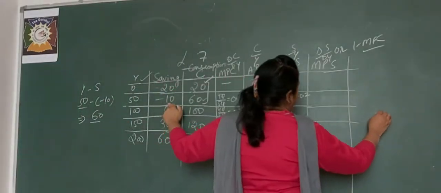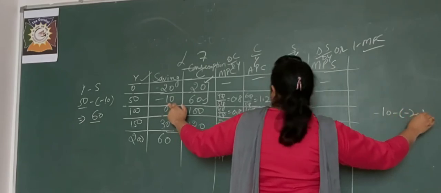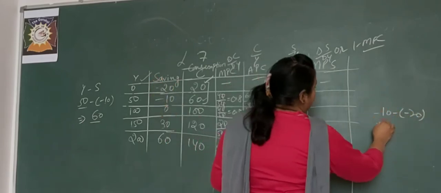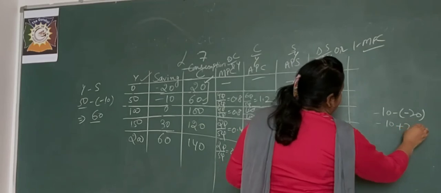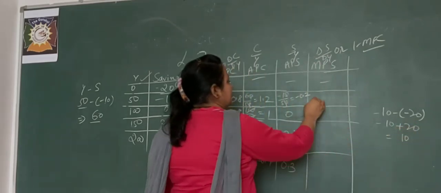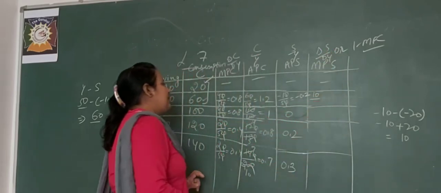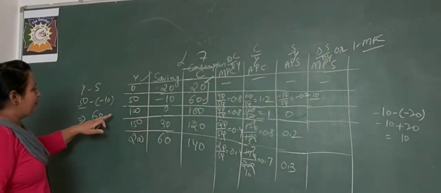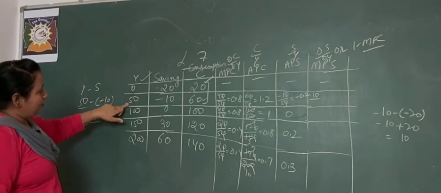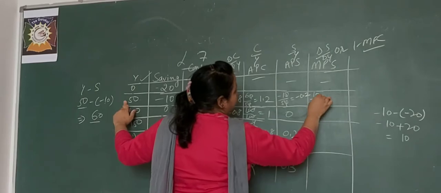Minus 10, first initial, minus 10 minus 20. It means this will be plus 20 and 10. The formula is MPS, that is delta S upon delta Y. Delta Y will be 50 minus 0, it means 50.